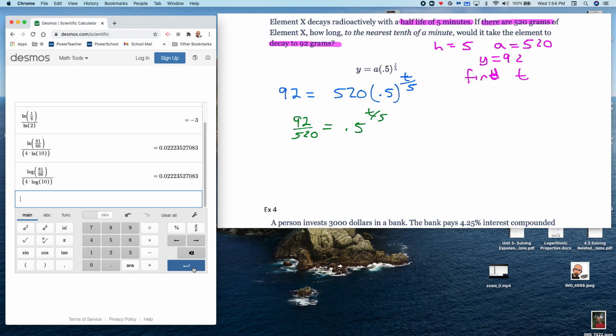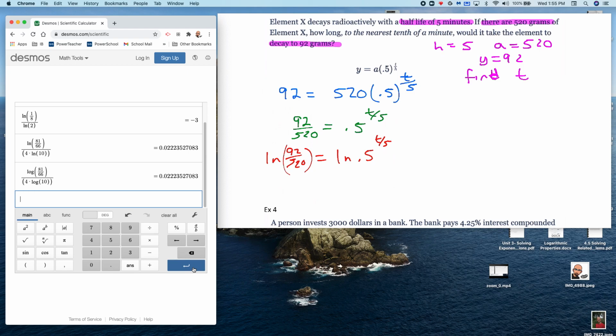So if I do that, the natural log of 92 divided by 520. Sorry, my writing wasn't great there, but that's 520. It's equal to the natural log of 0.5 to the t over 5.